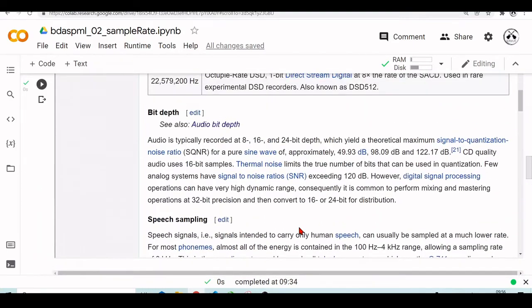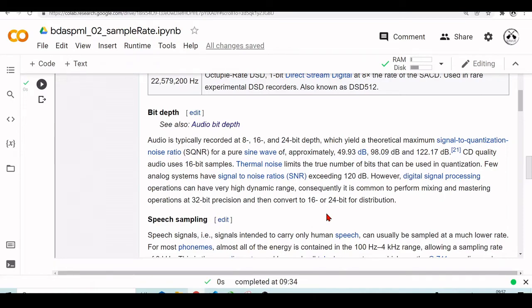As I mentioned, audio is typically recorded at 8, 16, and 24 bit depth, which is a theoretical maximum signal to quantization noise ratio for a pure sine wave of approximately 43 dB. Don't worry, we will have a revision about dB and talk about signal to noise ratio, maybe later we'll talk about quantization, but typical values you're going to find are 8, 16, and 24 bits.